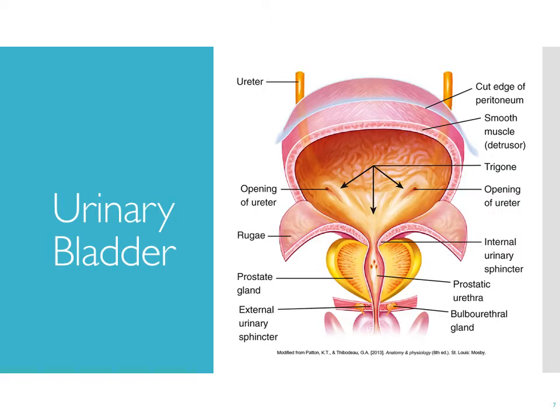And finally, here's a picture of the urinary bladder. Obviously, this is a male bladder because we've got a prostate gland around it, and yeah, women, we don't have one of those. So you can see that the ureters actually come out into the bladder on the lower side of the bladder.